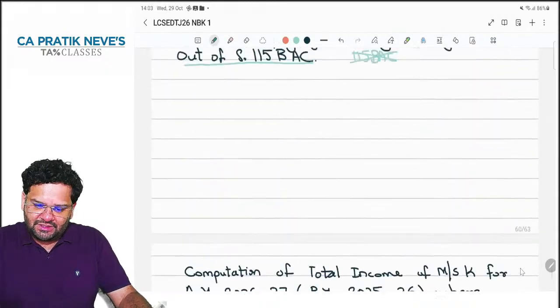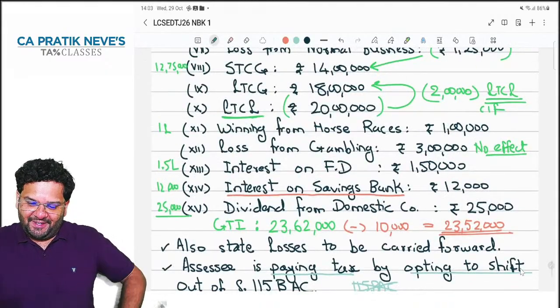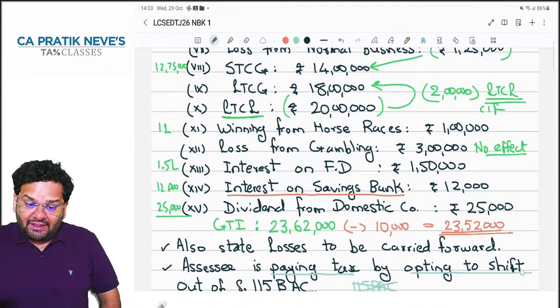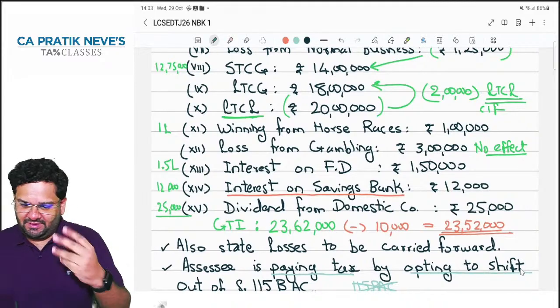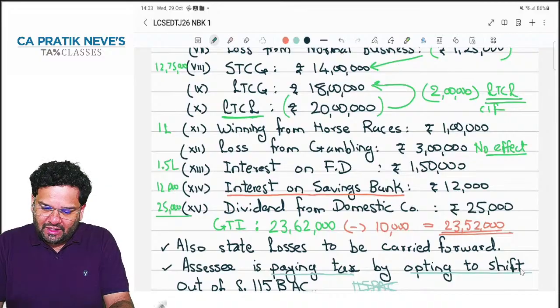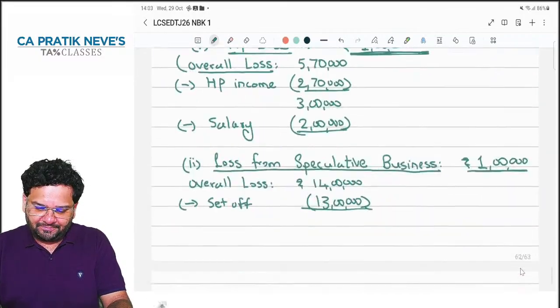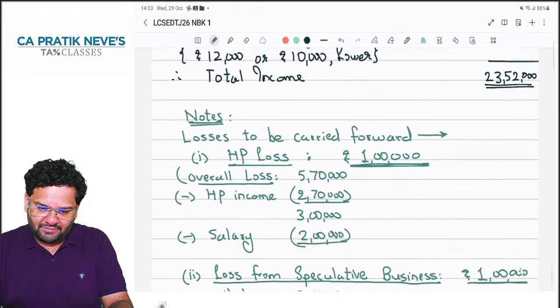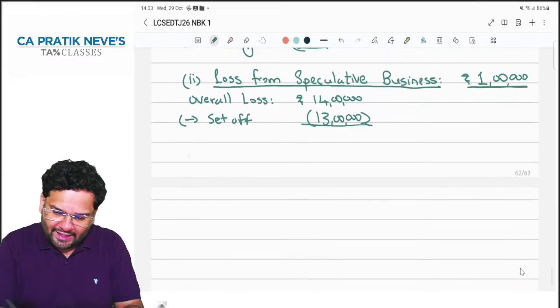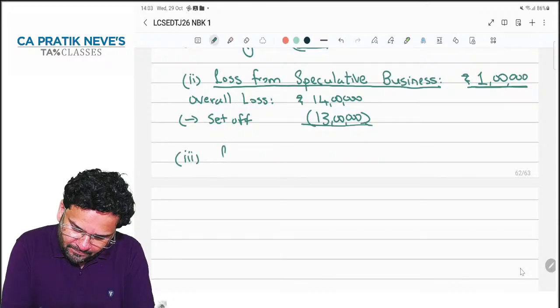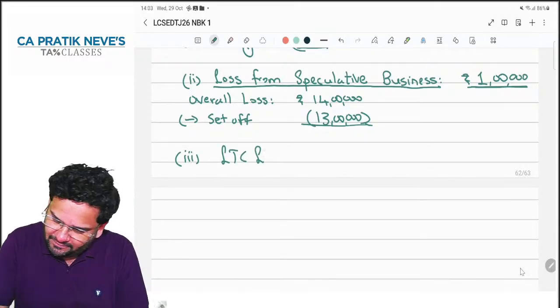Next is our LTCL, 2 lakh rupees. That's the last one that we are going to carry forward. Long-term capital loss of 2 lakhs. Why 2 lakhs? Any idea?